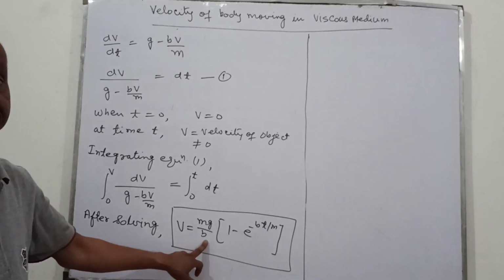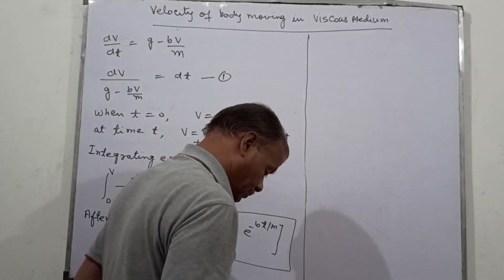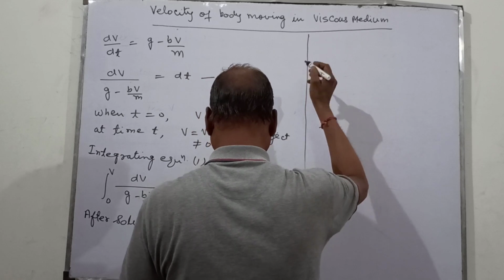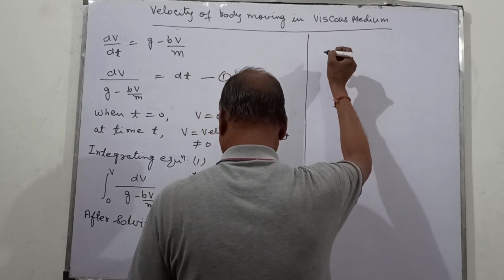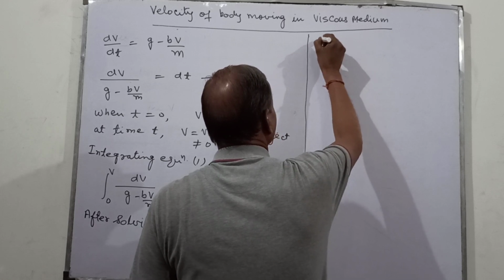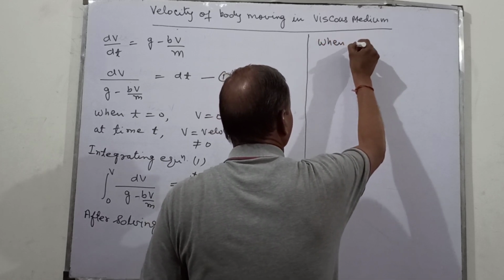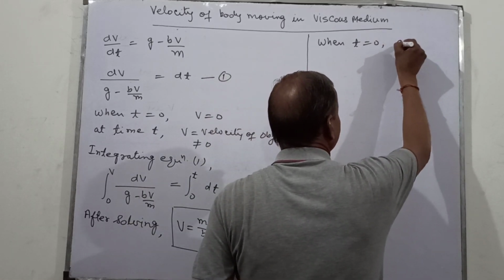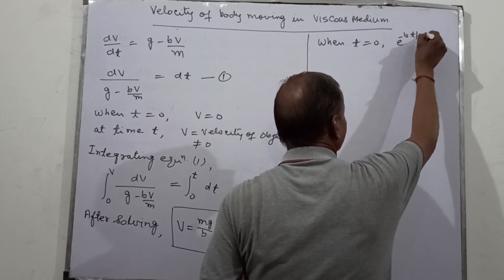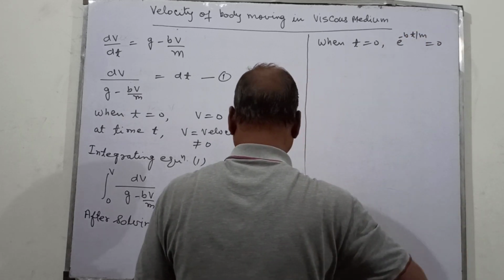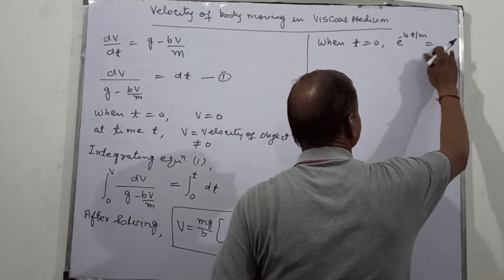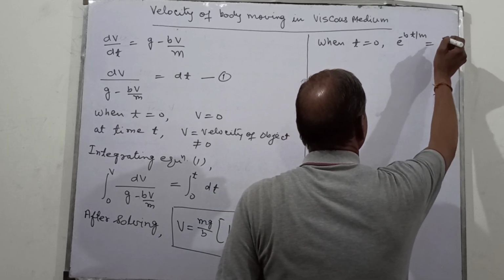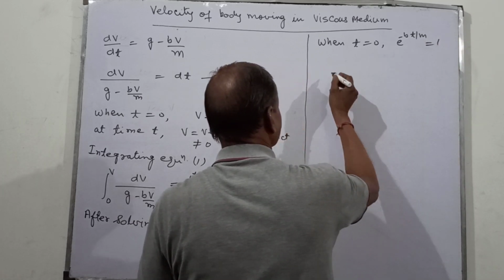Now when t equal to 0, this e to the power minus bt upon m is equal to 1.